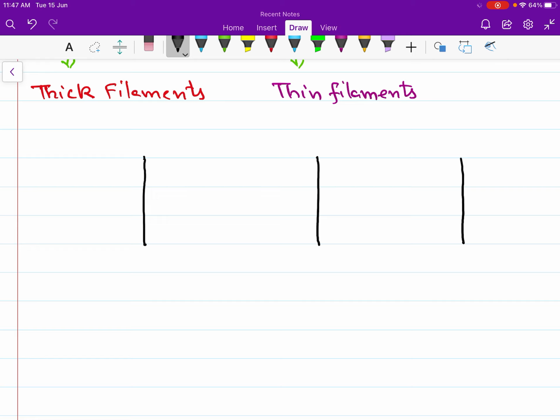The thin filaments arise from the Z line, just like this. This is one Z line, this is another Z line, and here is the thin filament arising from each Z line.